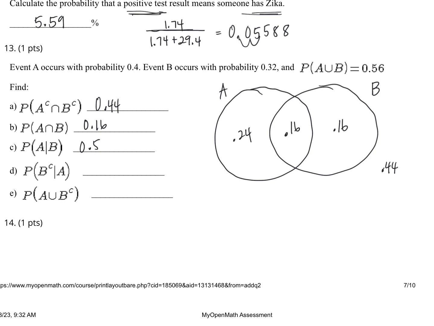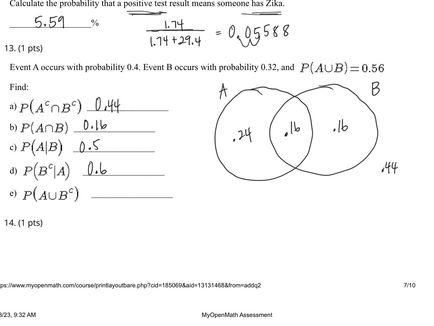What's the probability that you're not in B? So the part in that set that's not in B is 0.24. So you would do 0.24 divided by 0.4 is equal to 0.6.